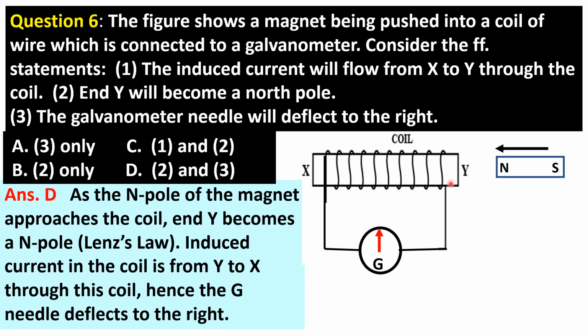Why is that so? Why not south pole? Because according to Lenz, the induction is such that there will be a force that will oppose the original action. What is the original action? The original action is when you move the bar magnet towards the coil.